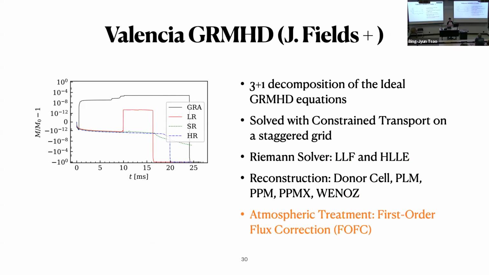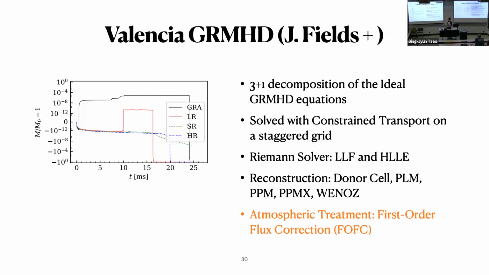One thing that's slightly different from some typical treatments is how we treat the atmosphere. Usually, when a conservative-to-primitive inversion fails, people just floor it, say if you get a negative energy density or so on.